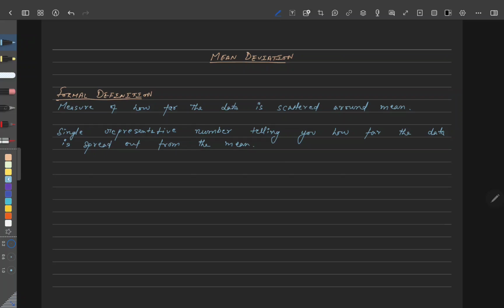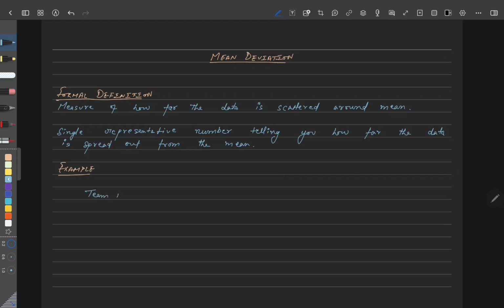Now let us try and understand this by using an example. Let us consider the time taken by two soccer teams to score the first goal in a match across 9 matches. Okay. So what we are saying is that we have two teams.